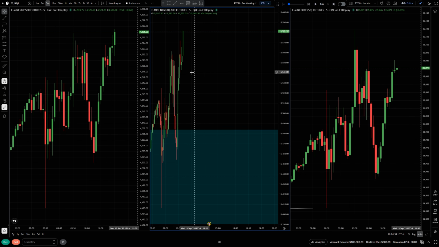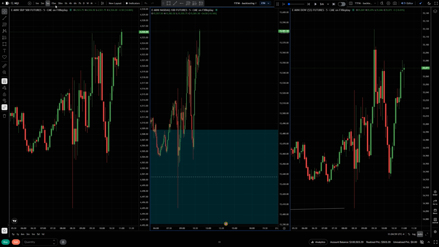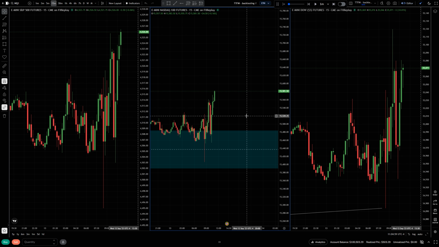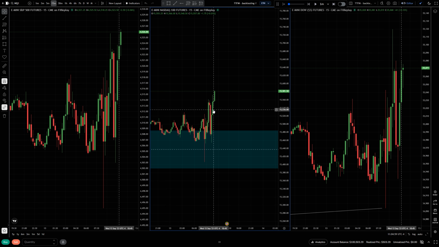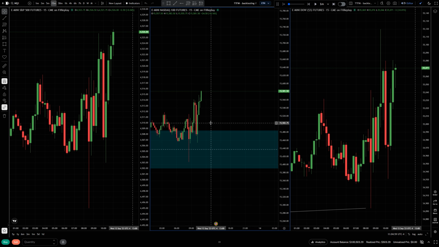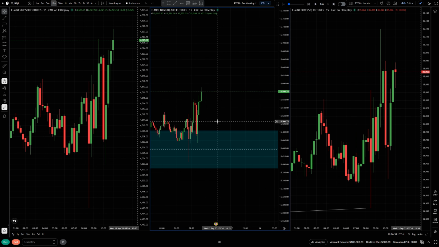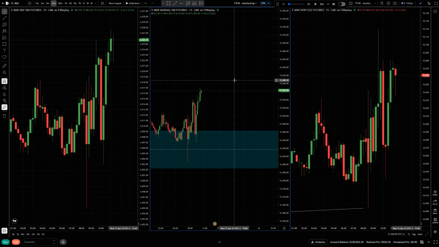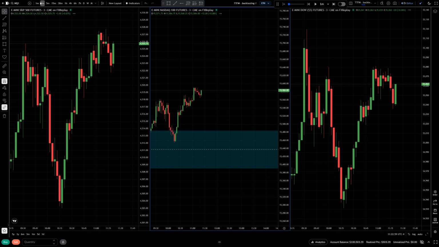So we are failing to manipulate this high. That means I will be looking to take trades to the upside on all the assets. And I want to see a strength switch somewhere. Okay, we take out this low.